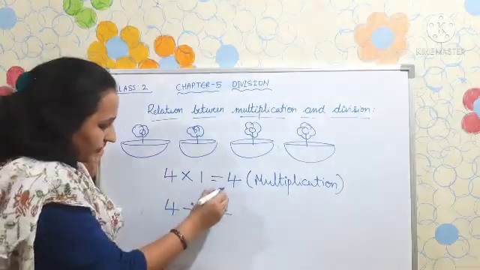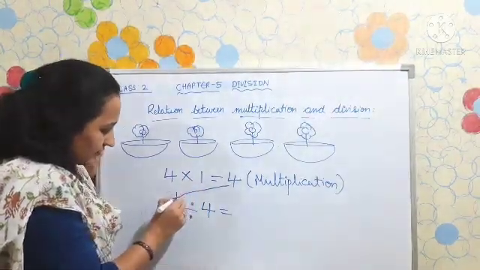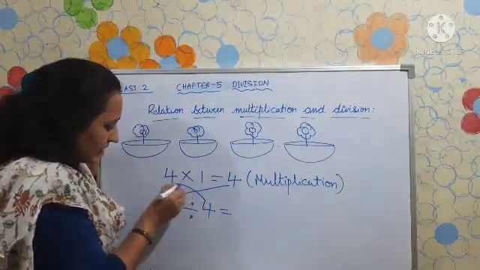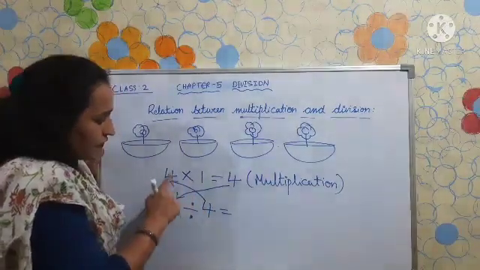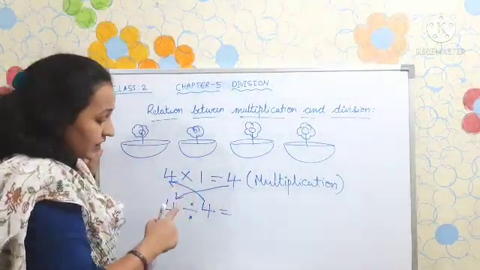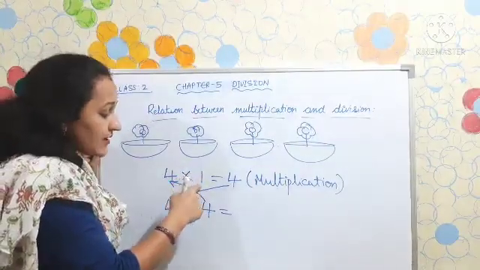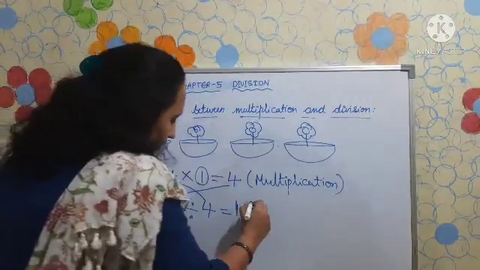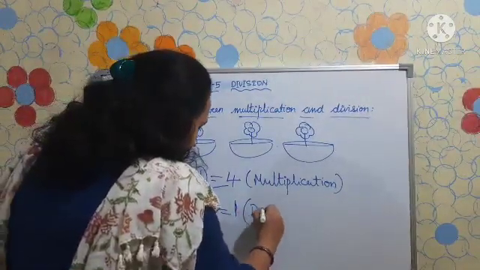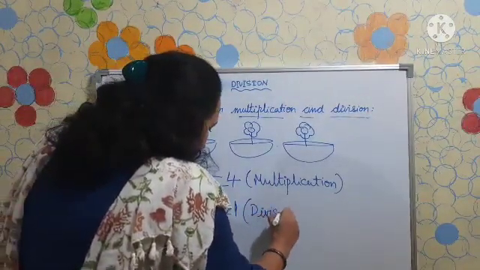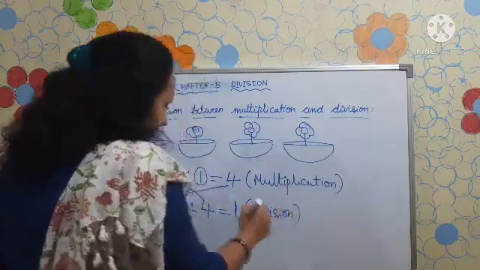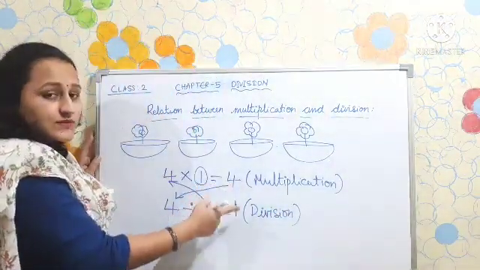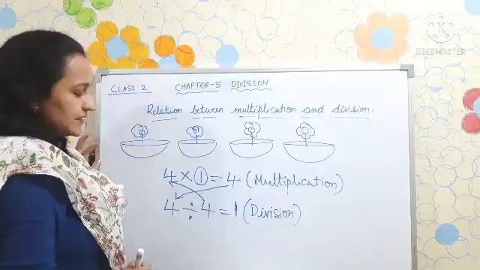So this 4 we have written here and this 4 we have written here. So 4 divided by 4 is 1. We call this as division. So you can understand easily, these two are opposite to each other.